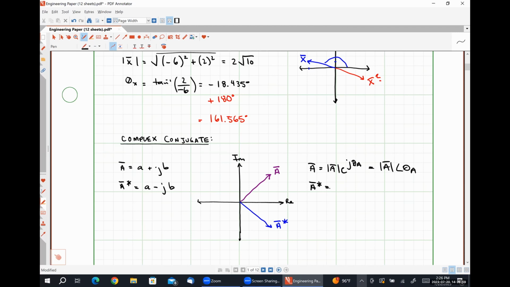So A conjugate would be the magnitude of A, e to the negative j theta A, or the magnitude of A angle negative theta A. This conjugate operation is something that we're going to have to utilize a whole heck of a lot later on in this class when we start dealing with the complex power relationships.